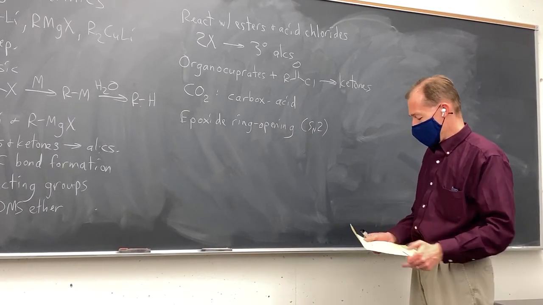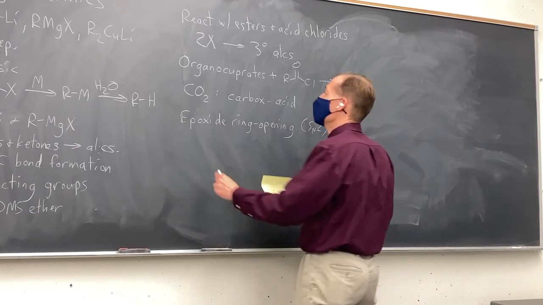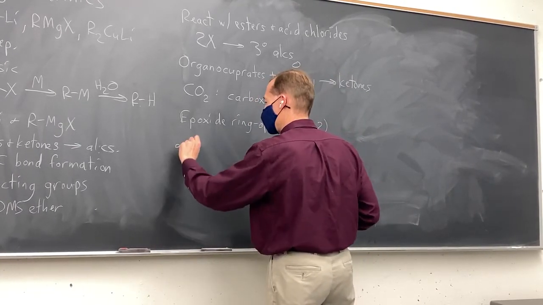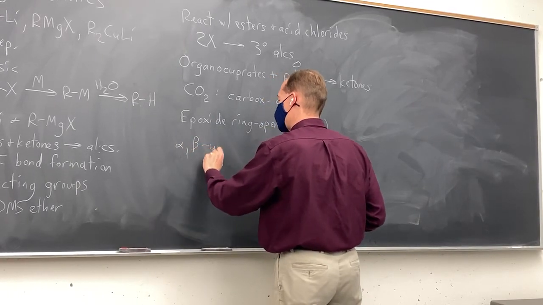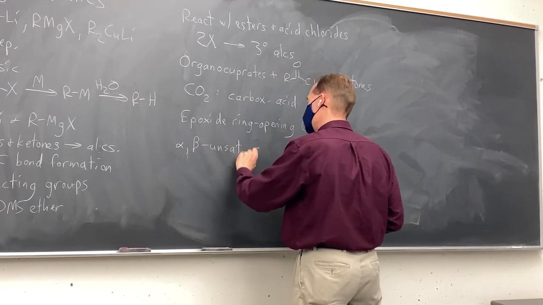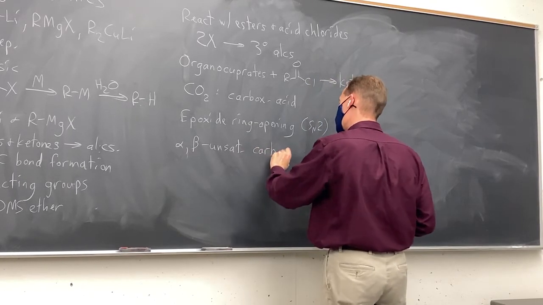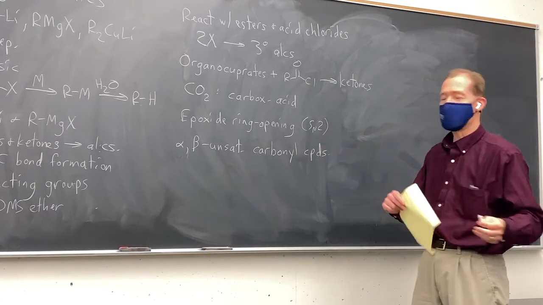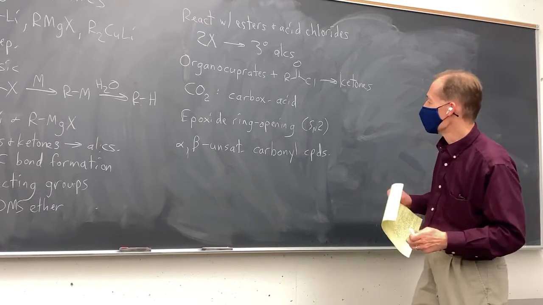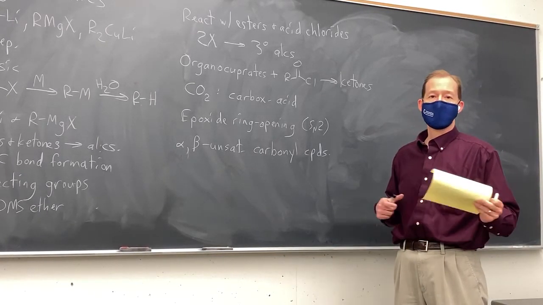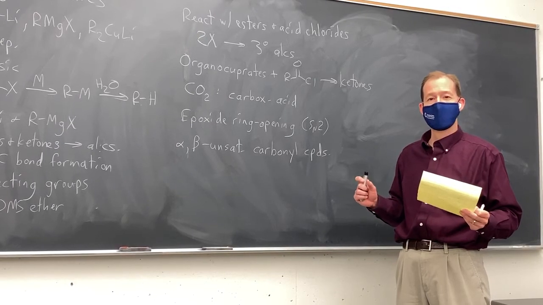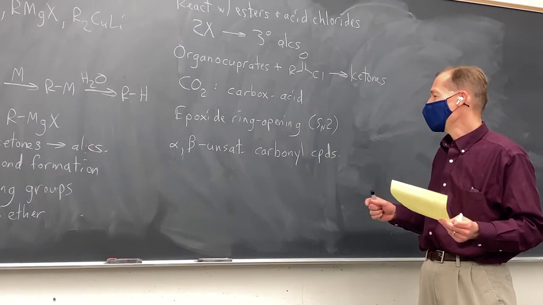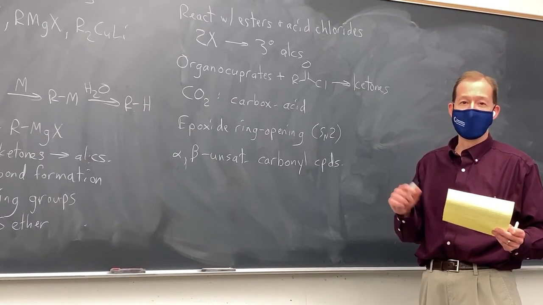And then finally, the last thing we talked about in this chapter was the chemistry of alpha-beta unsaturated carbonyl compounds. Right? This is where we have an alkene conjugated to a carbonyl group. We used resonance theory to explain that these compounds are electrophilic both at the carbonyl carbon and at the beta carbon of the alkene.